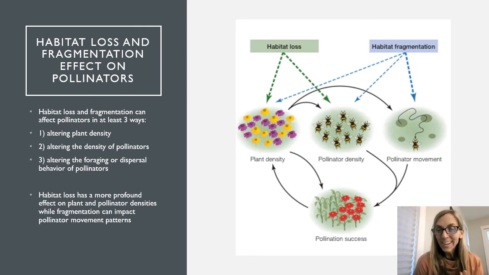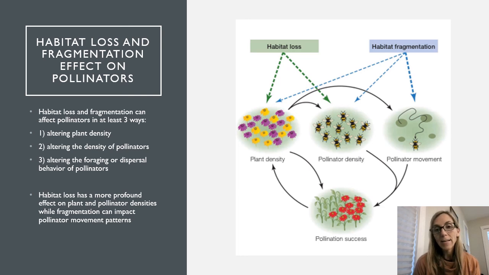Because it's so important, it's worth pausing and thinking about habitat loss and fragmentation and its effects on pollinators. We know that loss, fragmentation, and degradation of natural and even semi-natural habitats has contributed to global declines in bees and other pollinators.